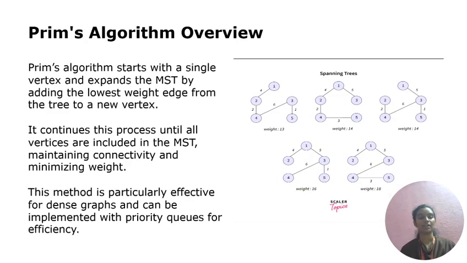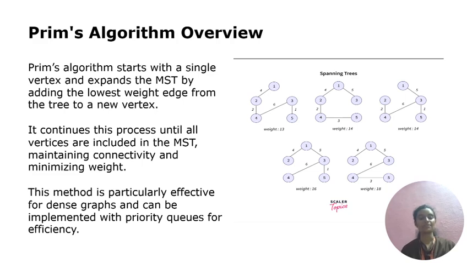The Prim's algorithm overview. Prim's algorithm starts with a single vertex and expands the minimal spanning tree by adding the lowest weight edge from the tree to a new vertex. It continues the process until all the vertices are included in the minimal spanning tree, maintaining connectivity and minimizing its weight.